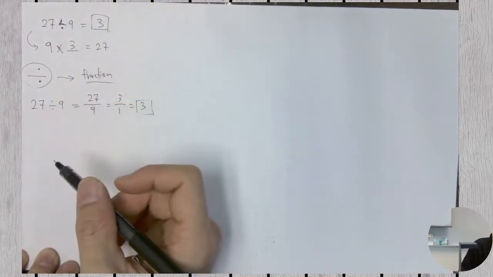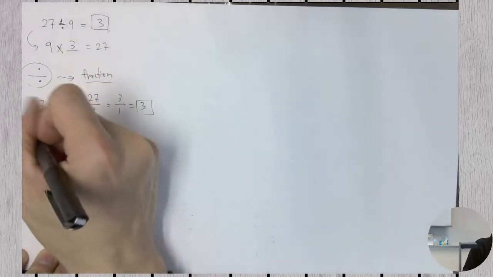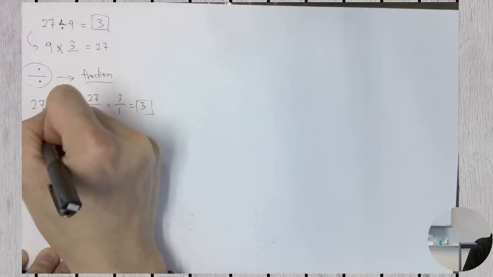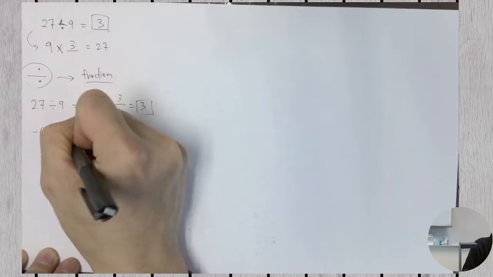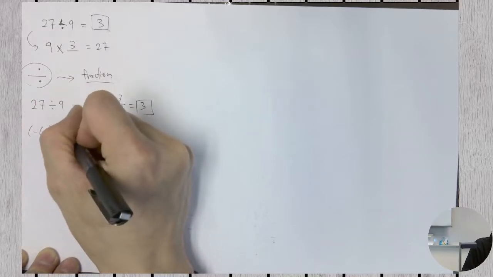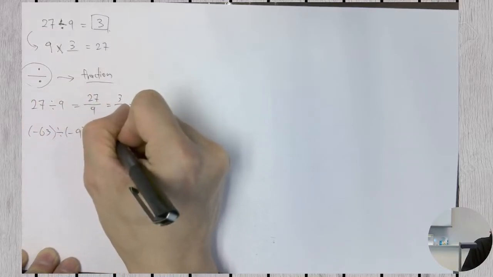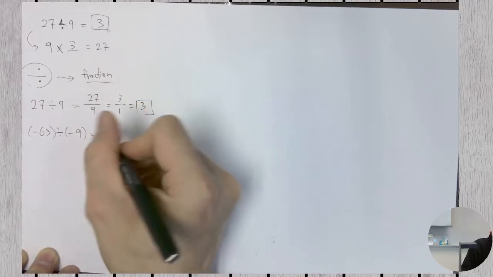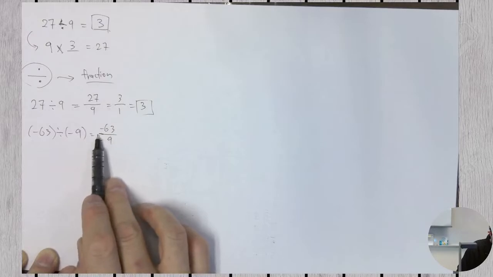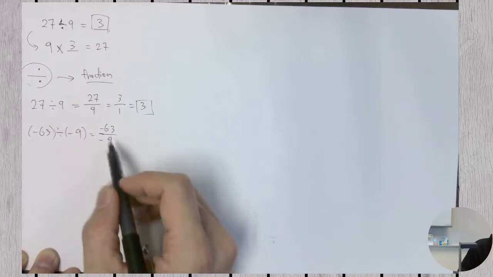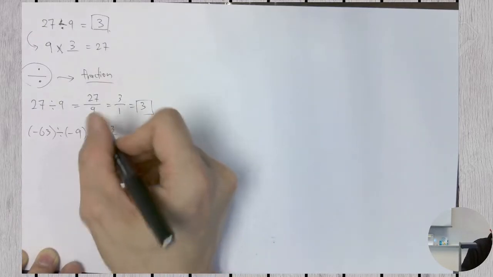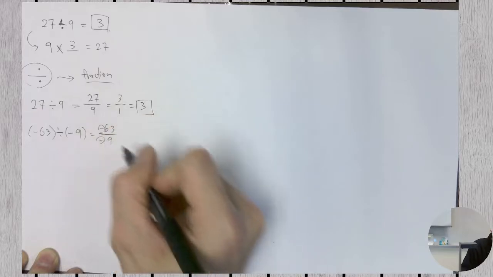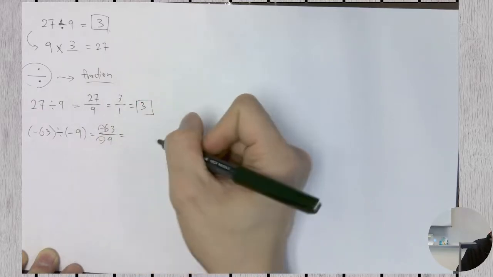If you have negatives in here, say negative 63 divided by negative 9, for instance, this would be equivalent to negative 63 over negative 9. And whether we are multiplying or dividing, it doesn't matter, right? It is the same: if you have two negative numbers, the result is going to be positive.